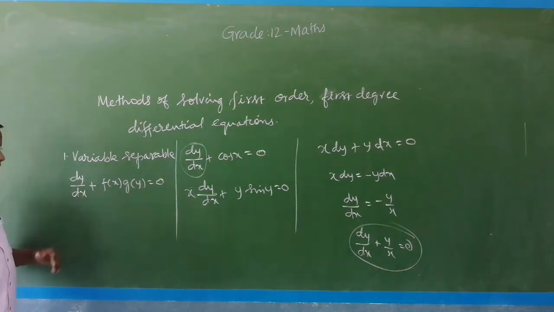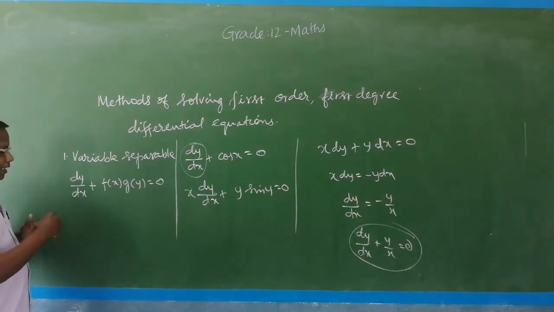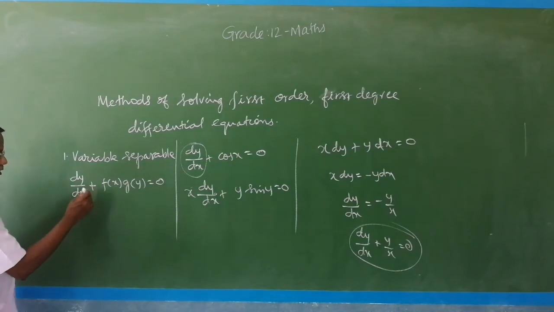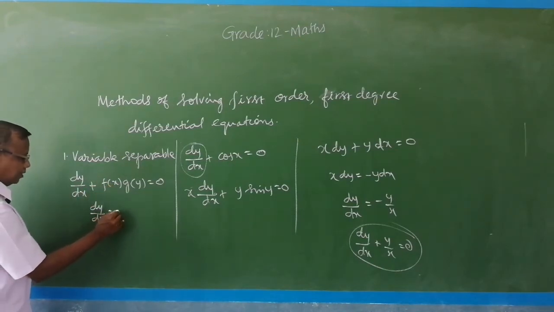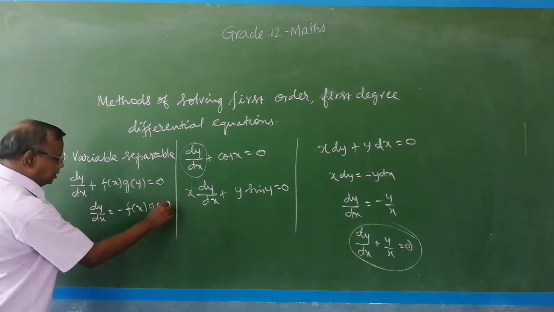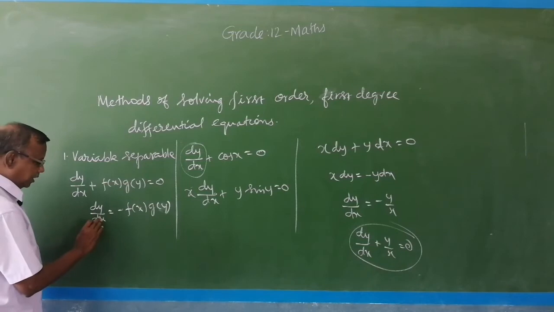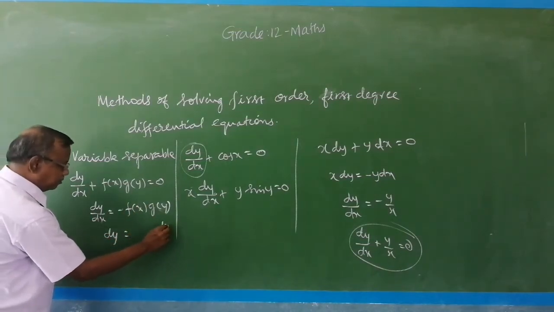The two functions we have to separate, dy and dx on either side of the equation. So first separate this: dy by dx equal to minus f of x into g of y, and bring the dx to the other side, so dy equal to something dx.